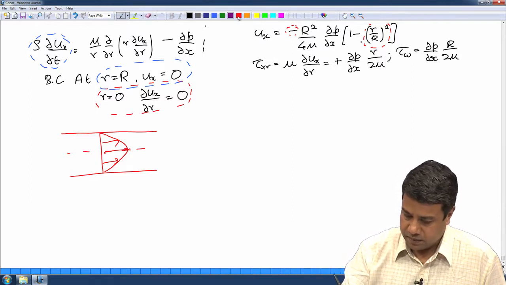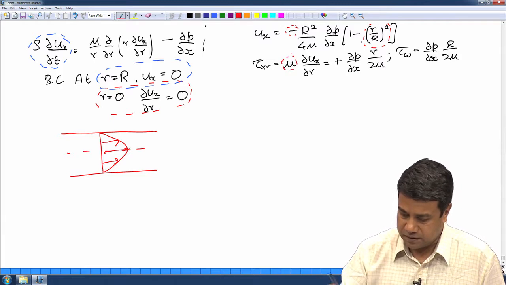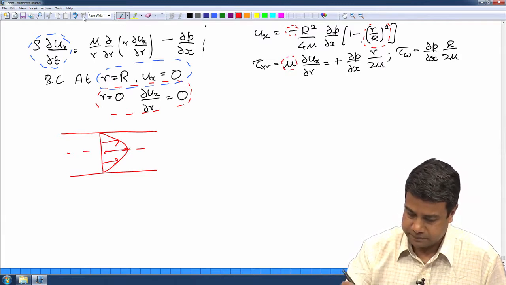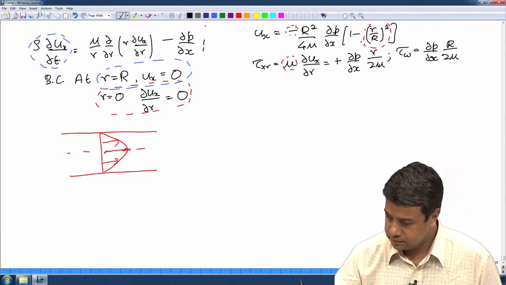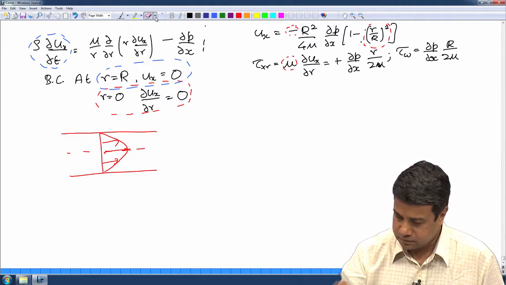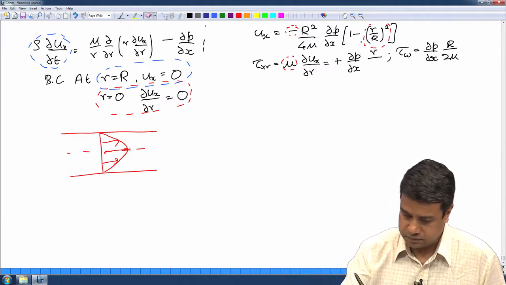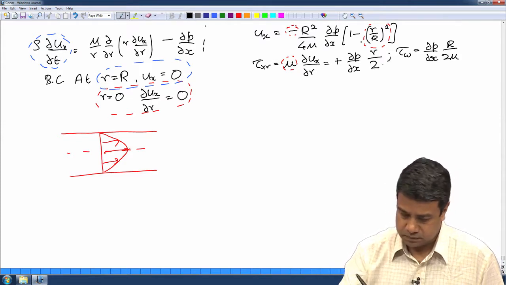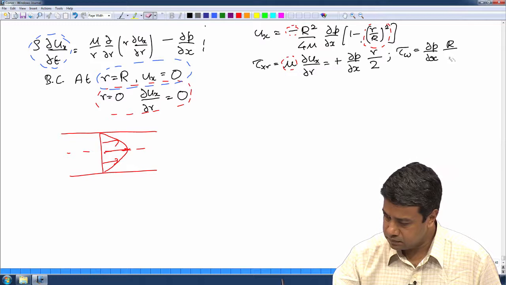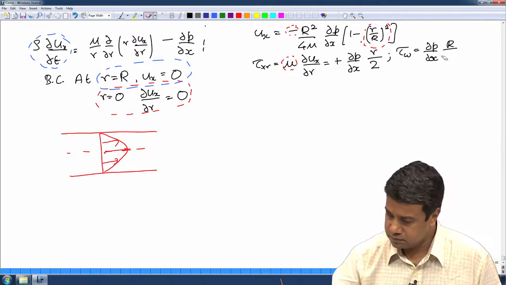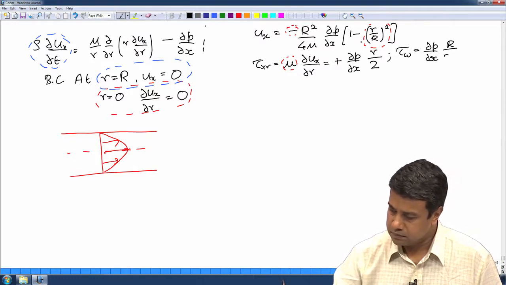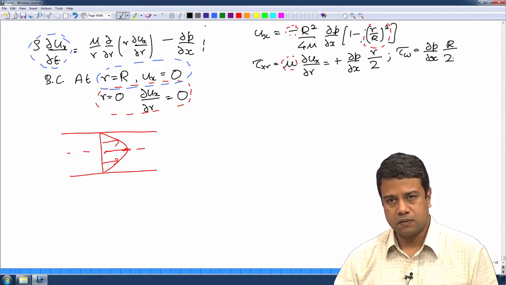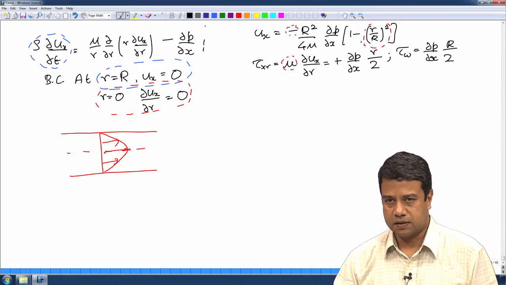When I multiply by this viscosity, I don't get a factor of the viscosity there. So, that is the wall shear stress exerted on the wall of the pipe.